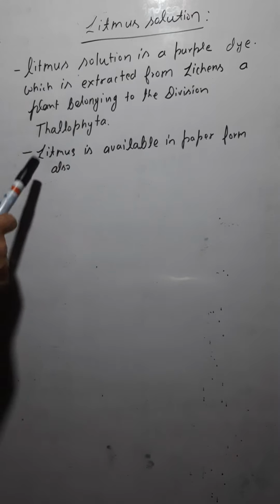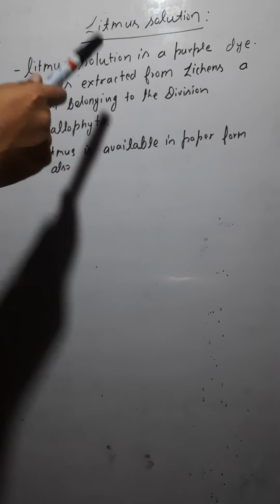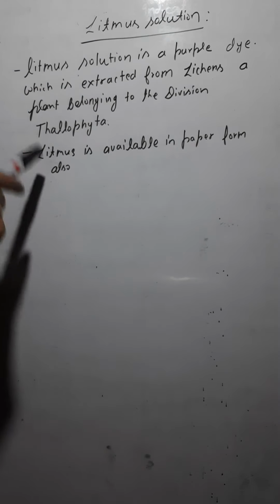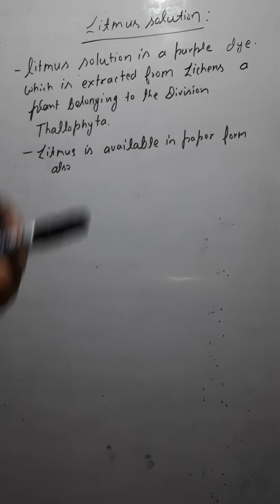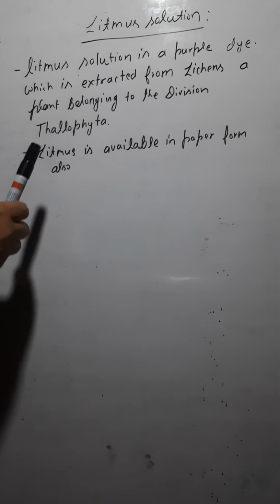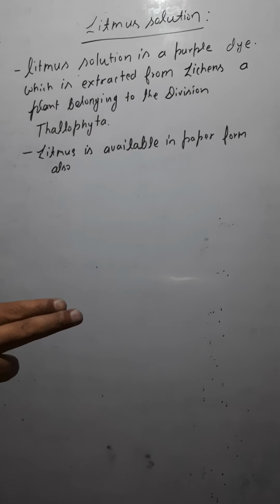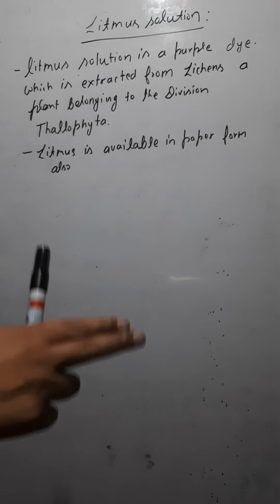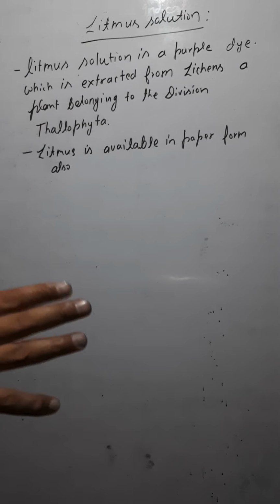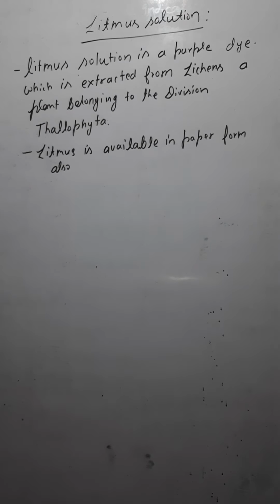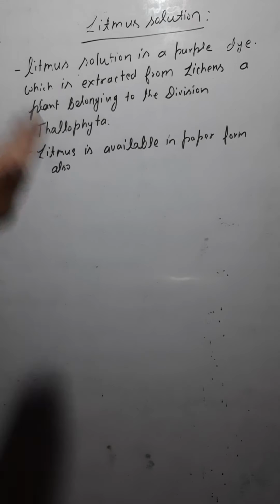Litmus is available in the form of solution which is purple color, and at the same time in paper form also. We have two types of litmus paper, red litmus paper and blue litmus paper, that we are using in our laboratories also.